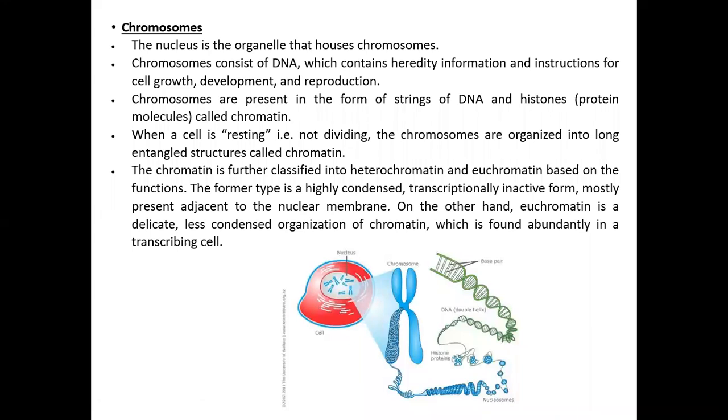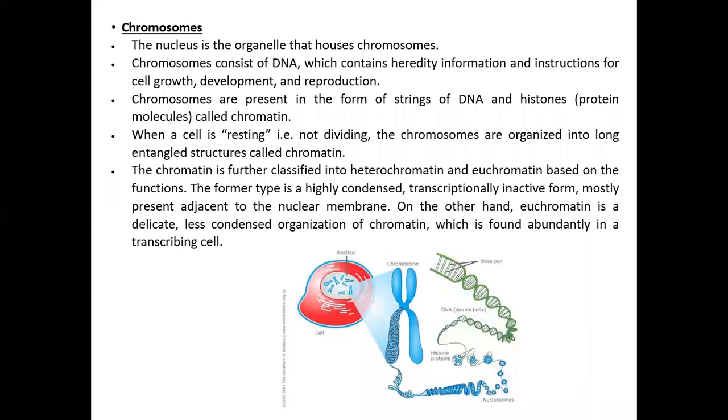When a cell is resting and not dividing, the chromosomes are organized into long enlarged structures called chromatin. When the cell is in interphase, this appearance will not be seen; they are seen as chromatin, loosely arranged. In the chromatin, two types are there, heterochromatin and euchromatin, depending upon the functions.